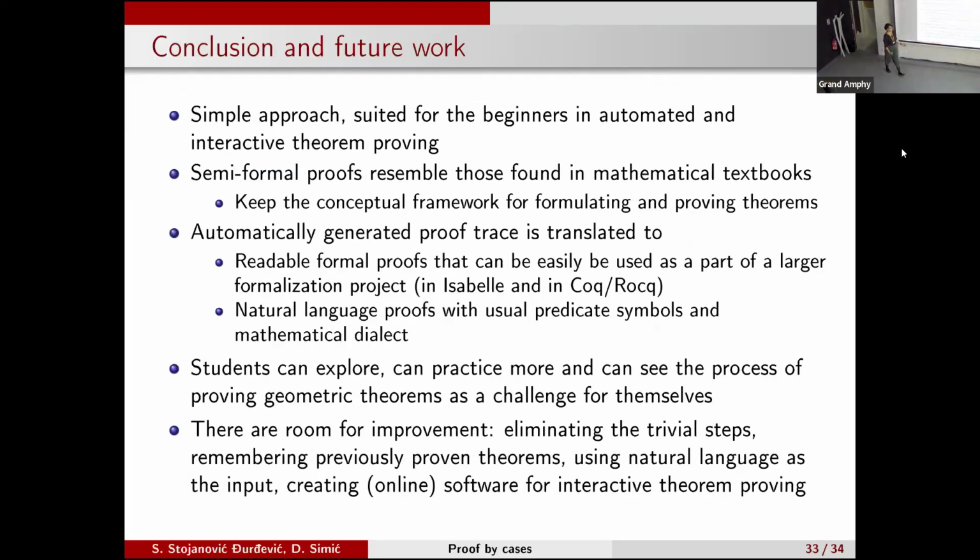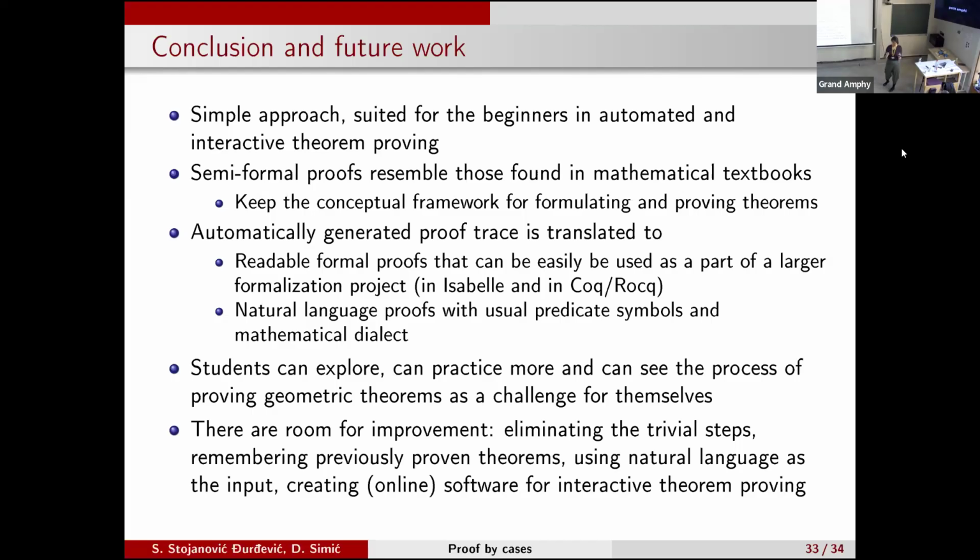So I would say that the language that I constructed can be suited for beginners, for high school students, and for that it can be similar in a way to Andrej's proof with natural deduction.